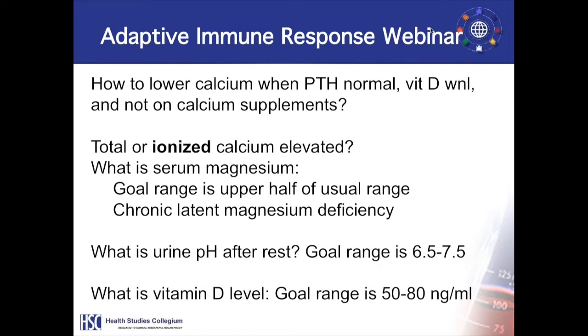And since in biology it's always about ratios and never about absolutes, you want to know what balances out calcium, and that's magnesium. And as a researcher, you might want ionized magnesium, but as a clinician, serum magnesium is available. And as Ron Aline has taught, the goal range with regard to serum magnesium is the upper half of the usual range.